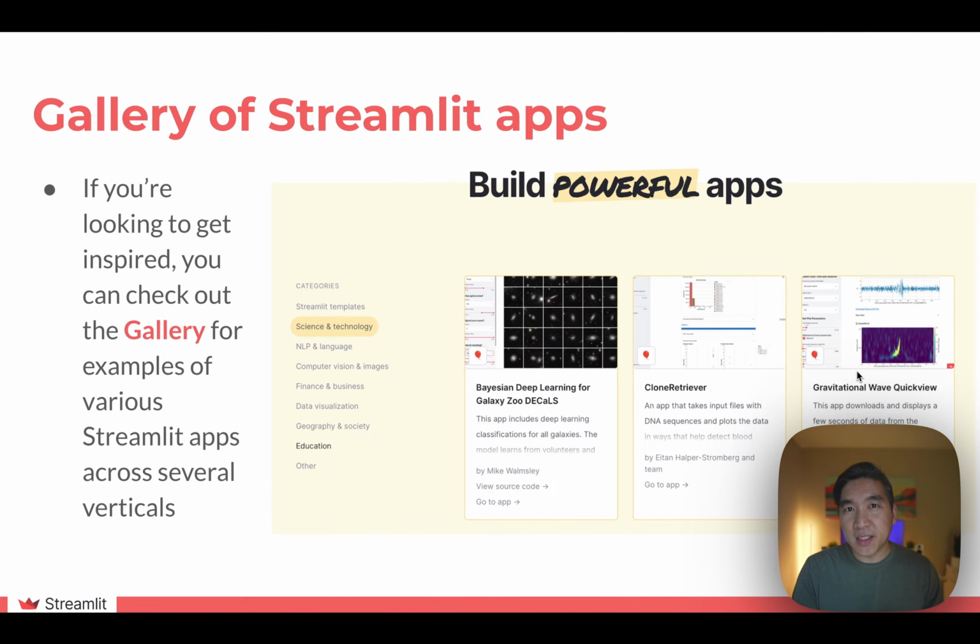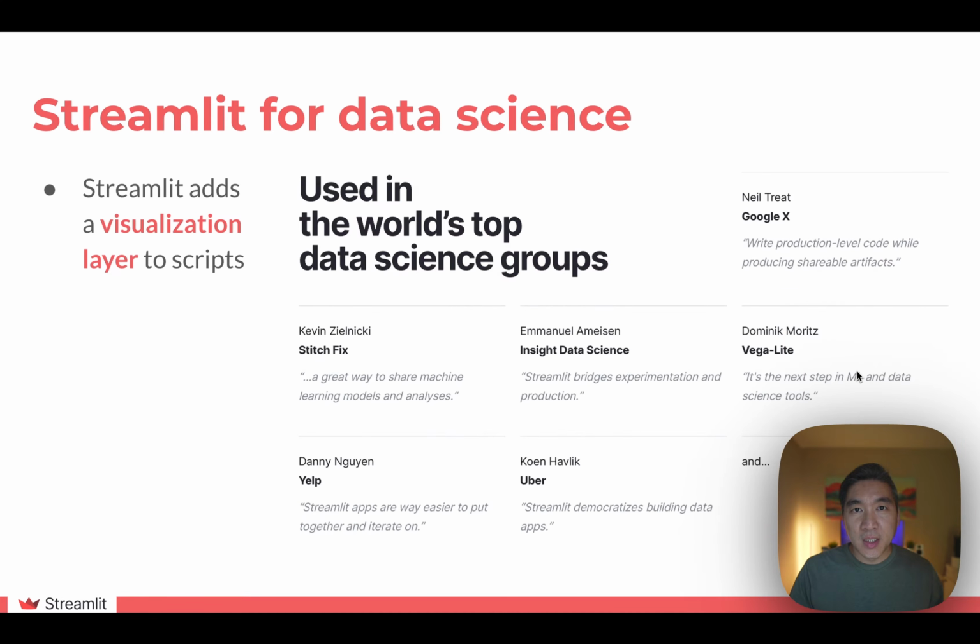Hundreds of thousands of developers are using Streamlit for various use cases, ranging from science and technology, natural language processing, computer vision, finance, business, for data visualization, for geography, for education, for bioinformatics, for biology, and the list just goes on and on. Streamlit is used by some of the world's top data science groups such as Stitch Fix, Uber, Yelp, Vega-Lite, Google X, Insight Data Science, and many more.